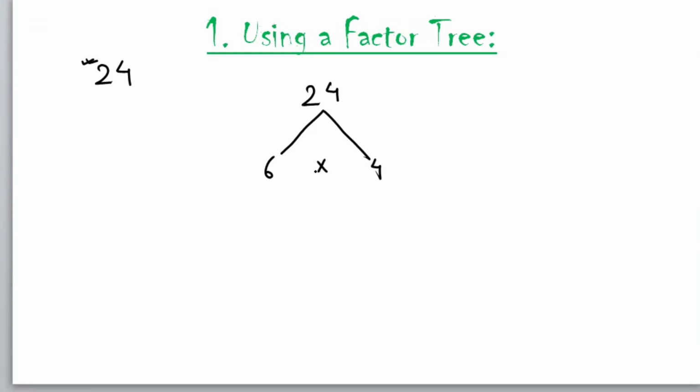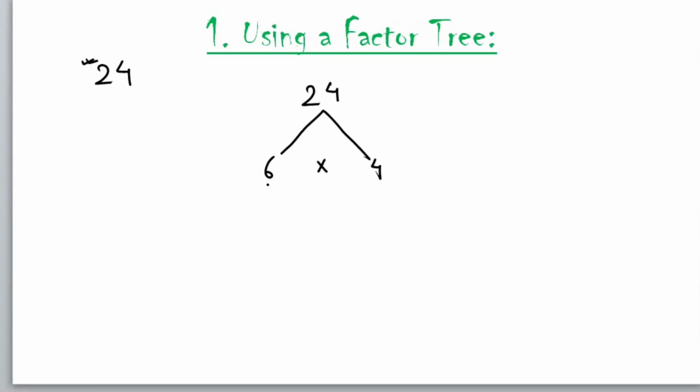So we make two branches of 24, and we say 6 times 4 is 24. As we have to find the prime factorization, we have to break the numbers until we get prime numbers.